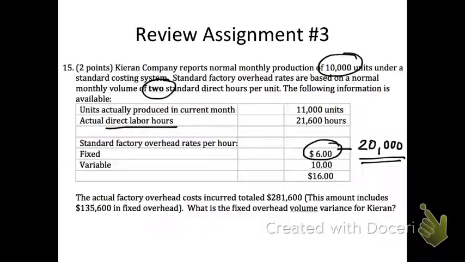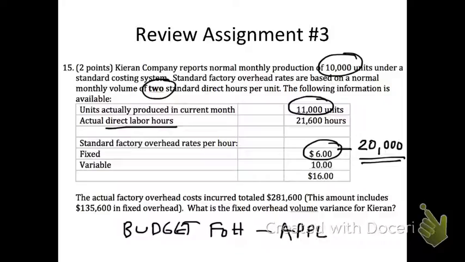And so we see that we expected a production level of 10,000. If we exactly hit 10,000 and use 2 standard direct labor hours, we wouldn't have a volume variance, but we actually produced 11,000 units. And so the volume variance is going to be the difference between our budgeted overhead and what we apply.